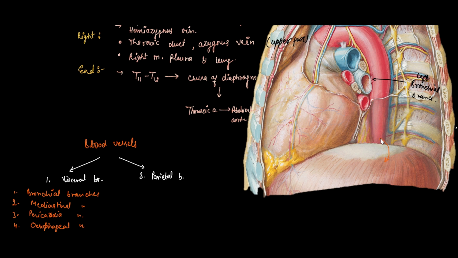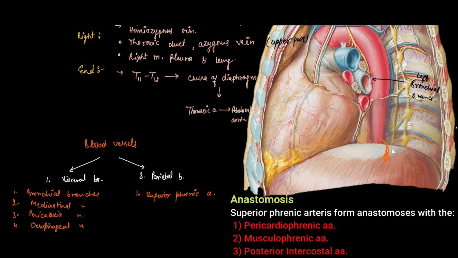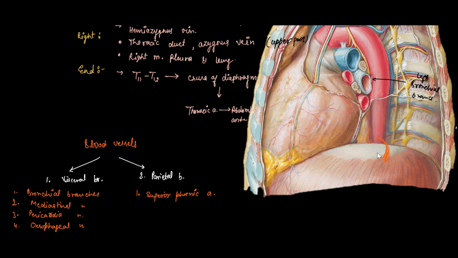So the first one will be the superior phrenic arteries, which will be supplying the superior surface of the diaphragm, and they will form anastomosis with the pericardiophrenic and musculophrenic and posterior intercostal arteries.